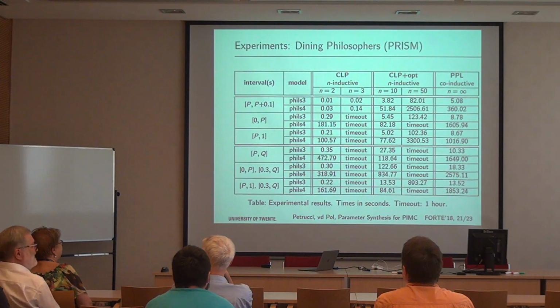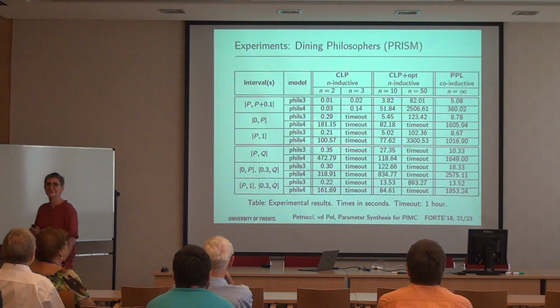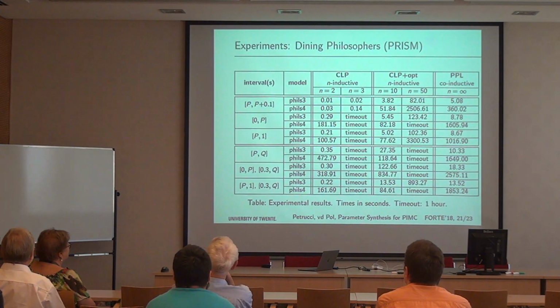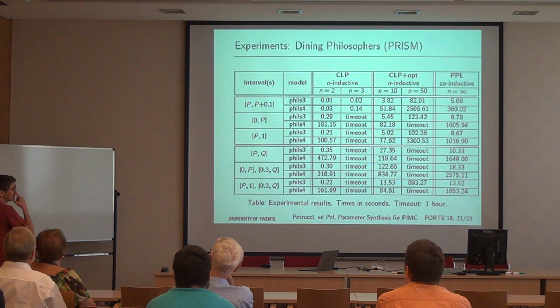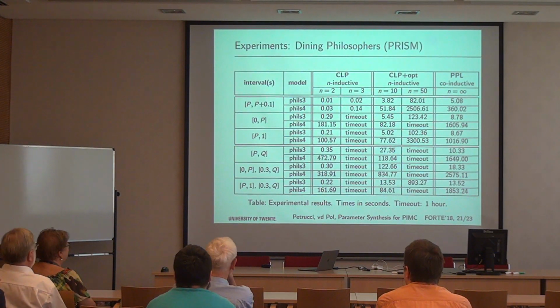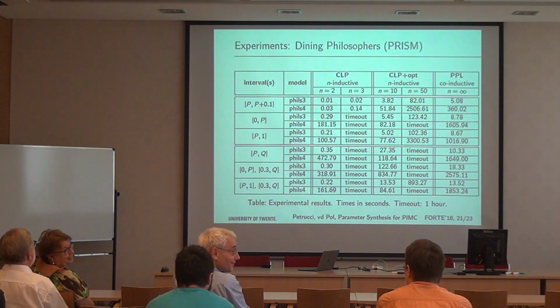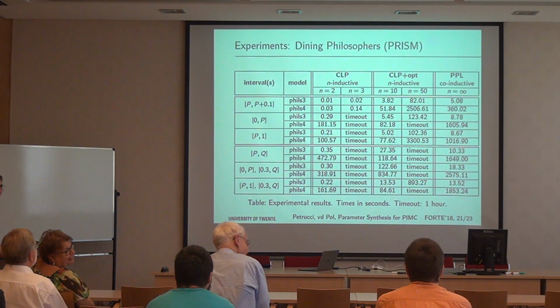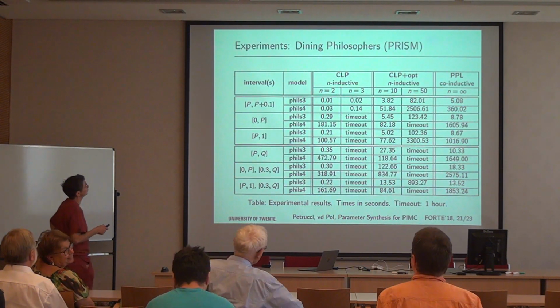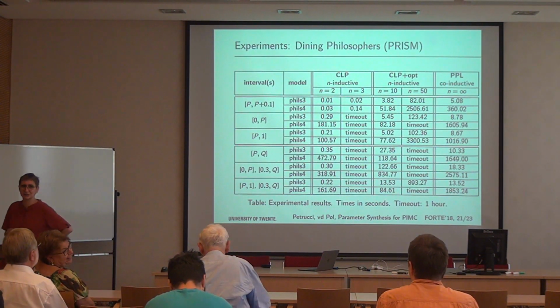The dining philosophers are a classical toy example, where there are philosophers around the table, and they have chopsticks, and they want to eat pasta, and they share their chopsticks. So we took the model that is in the PRISM toolset. PRISM is for probabilistic model checking.